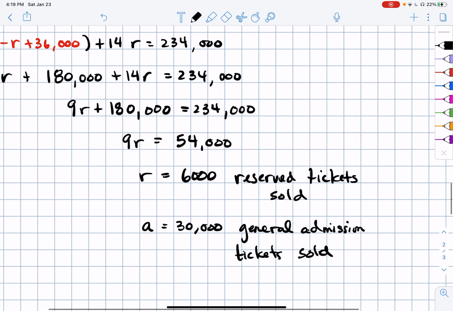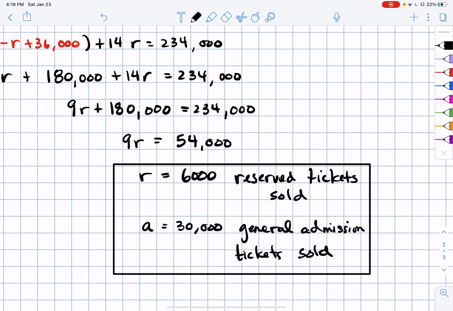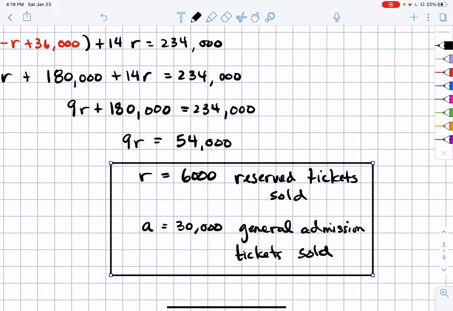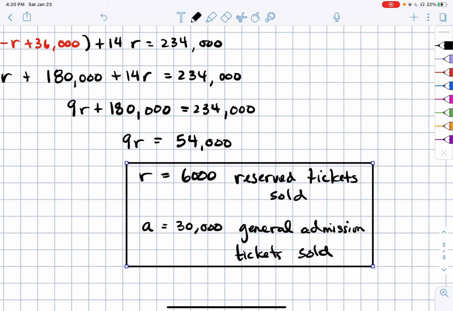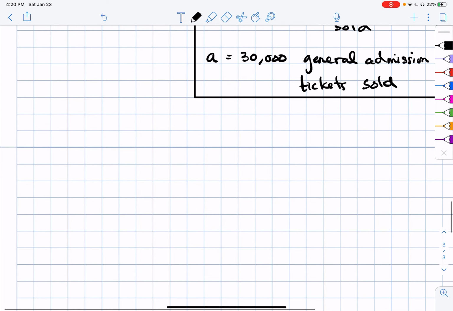Okay, so that right there is my answer. Let's make sure. Yep, they wanted both number of tickets, so that's what it's going to be. Perfect. So there is my number 8. Number 9 goes to the next page.